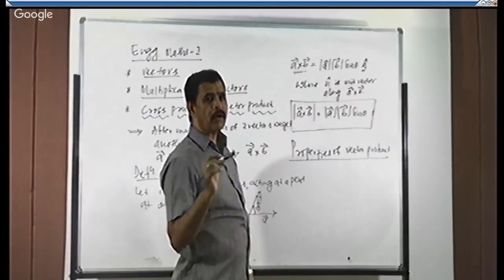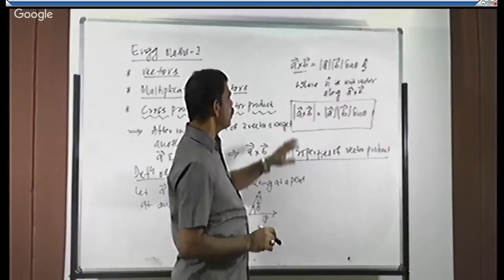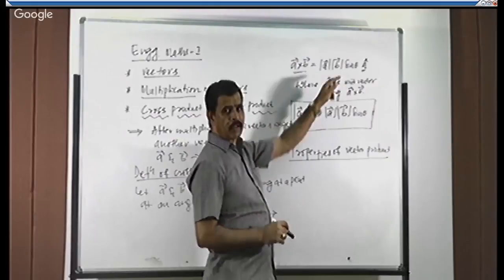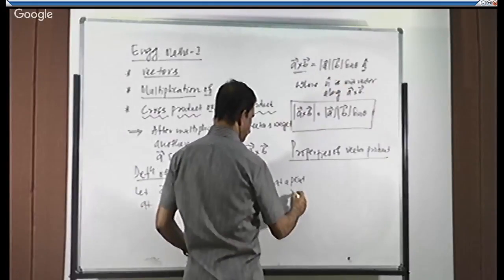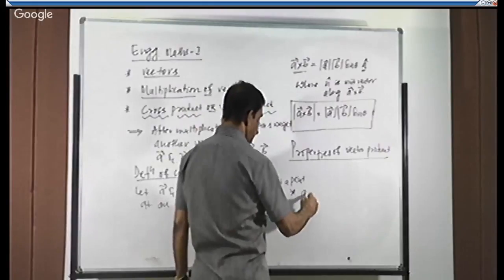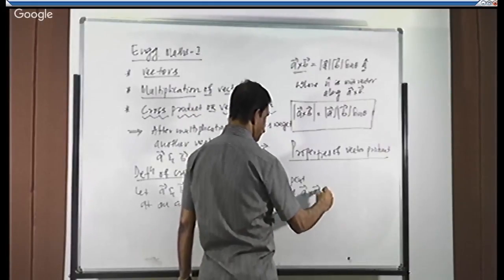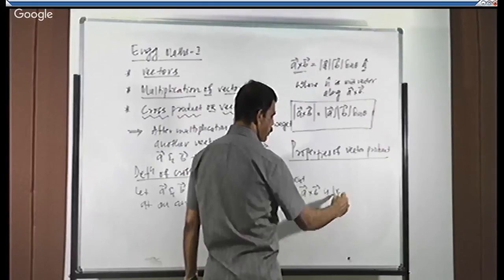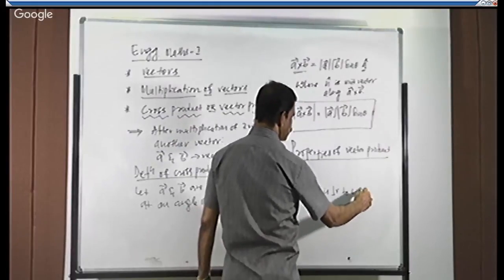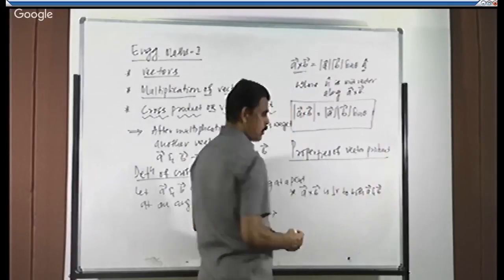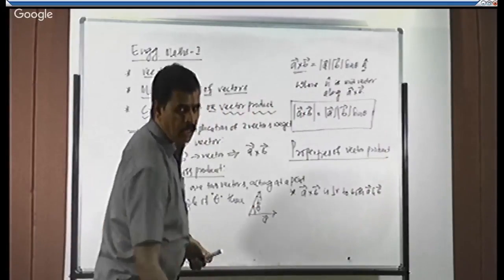The first property says that A cross B is a vector always perpendicular to both A and B.